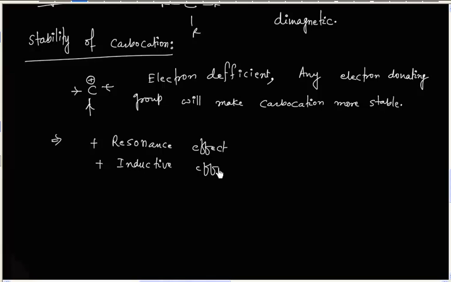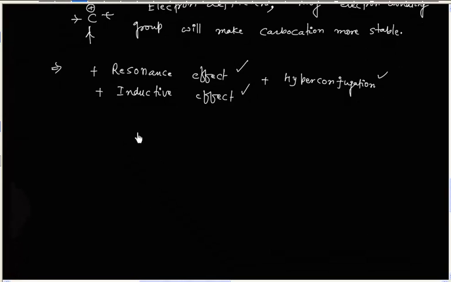It can also be given by plus hyperconjugation effect. So mainly carbocation can be resonance stabilized or inductive effect stabilized, or it can be stabilized by hyperconjugation. So on this basis we can decide stability of different carbocation.